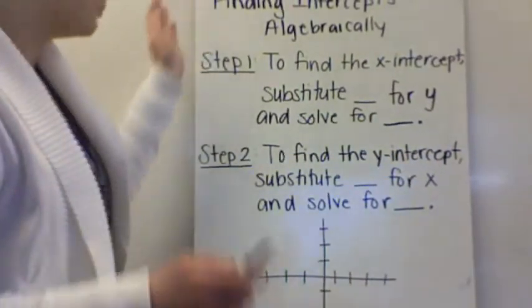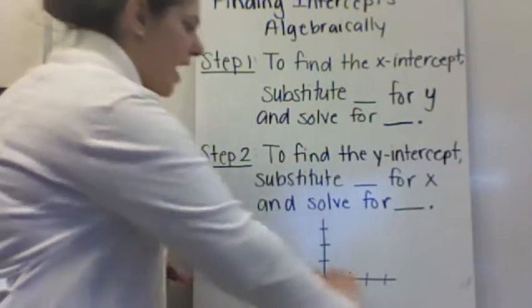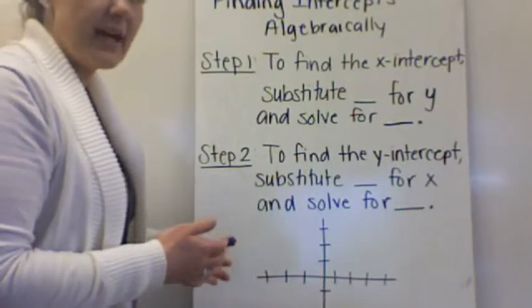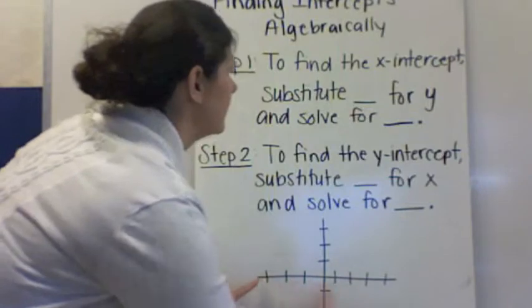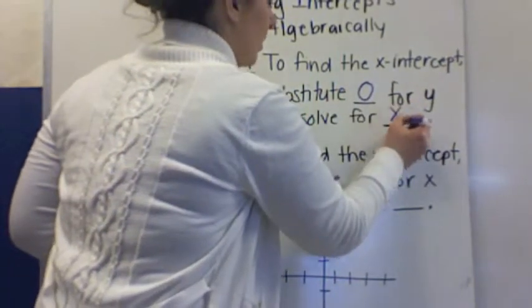To find your intercepts, it's actually pretty easy. Again, if you think about your graph, if you're on the y-axis or the x-axis and you haven't moved off of those at all, one of your numbers has to be 0. So to find the x-intercept when you're on the x-axis, substitute 0 in for y and solve for x.